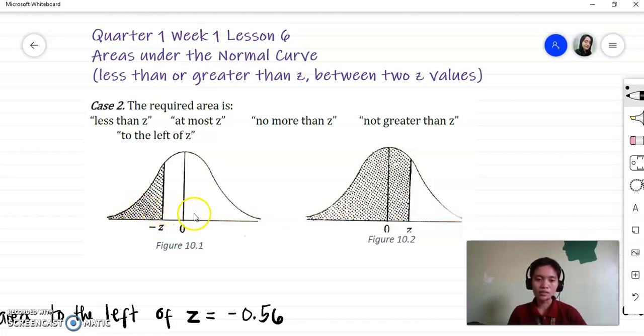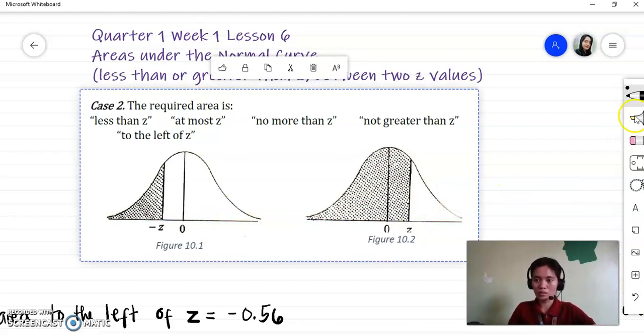In this case, if you have a negative z value, as I told you before, you either add or subtract 0.5 to get that area. For negative z, since this is less than 0.5, or it didn't reach the half of the normal curve, what you're going to do is subtract, because it is less than 0.5.